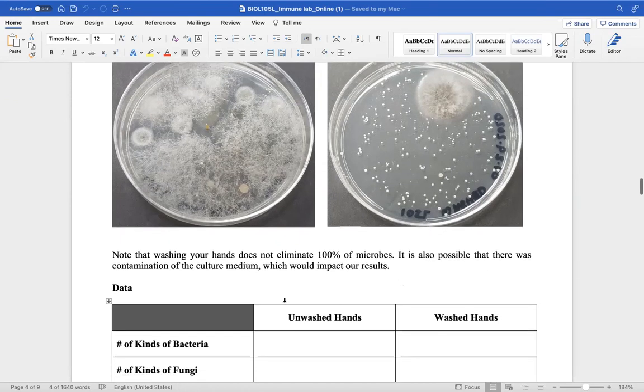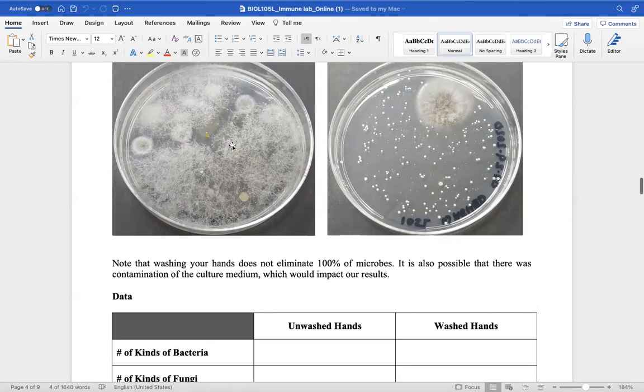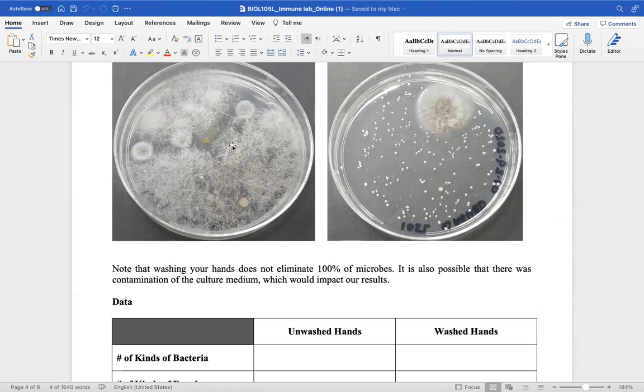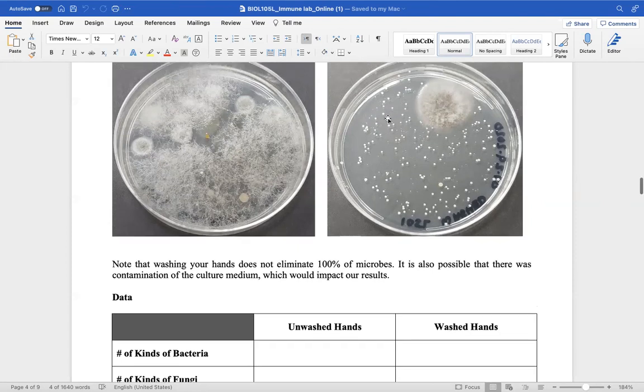Then you have to identify the number of kinds of bacteria and the number of kinds of fungi in the unwashed and the washed hands. To do that, they're asking you to count the number of colonies. You'll have many colonies of bacteria, maybe because there was contamination, but obviously you still have many more fungi colonies on the left-hand side.